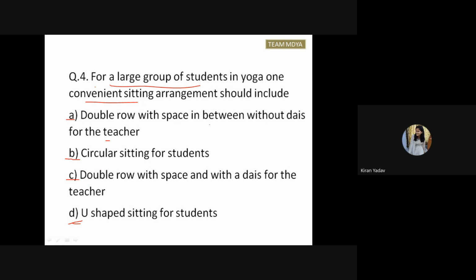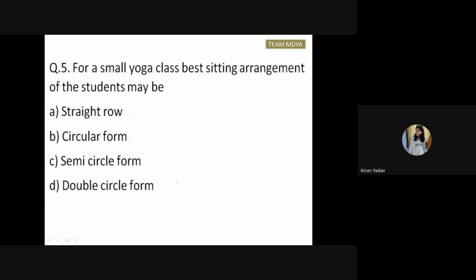So option one is totally incorrect. Once we see "without dais," just cross it. Don't see other options after that. So if we have "with a dais" option, then we will see this option. For a large group, we can use double row with space. Yes.